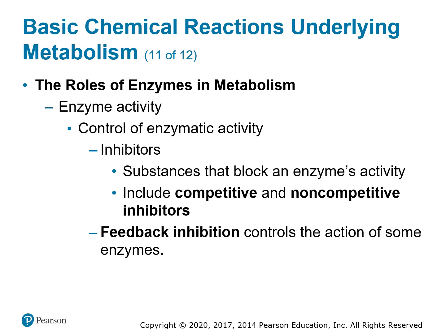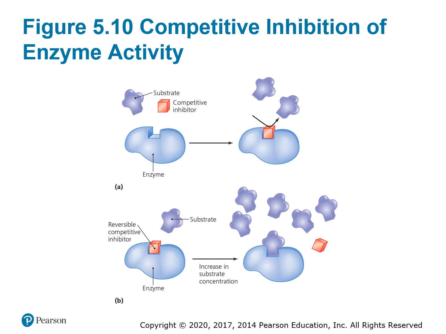Now, like activators, there are also inhibitors. There could be some that are competitive, some that are non-competitive, and some of them that are controlled by a feedback inhibition mechanism. Here on the top, in figure A, we have a competitive inhibitor. The competitive inhibitor will bind to the active site of the enzyme, and no matter the concentration of the substrate, it is not going to be removed.